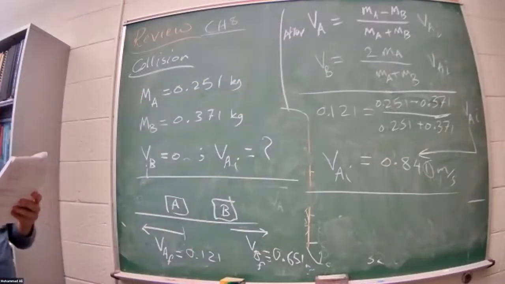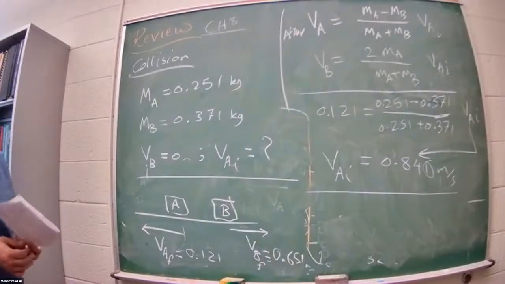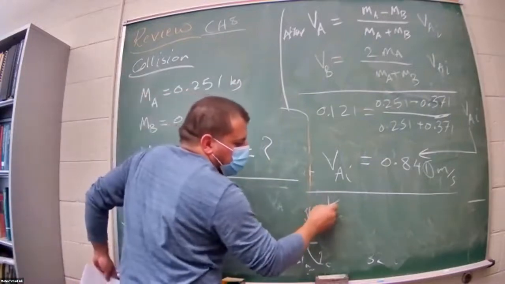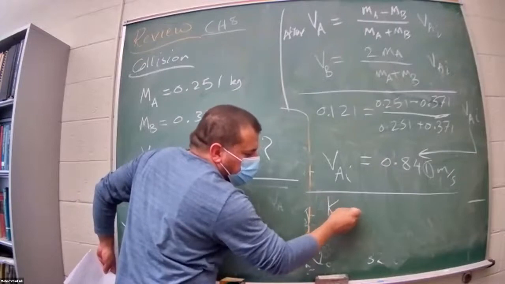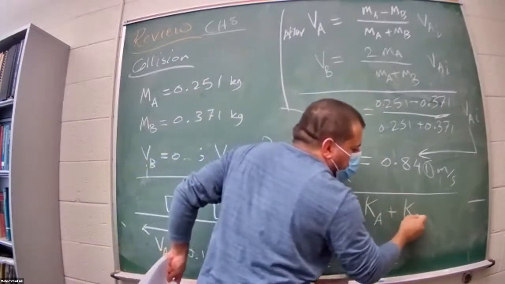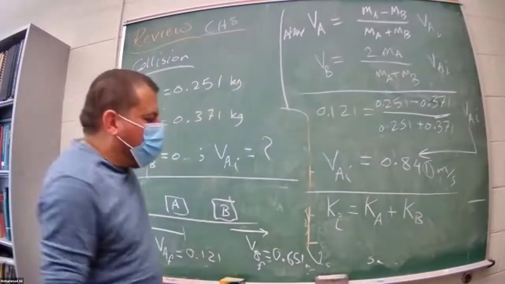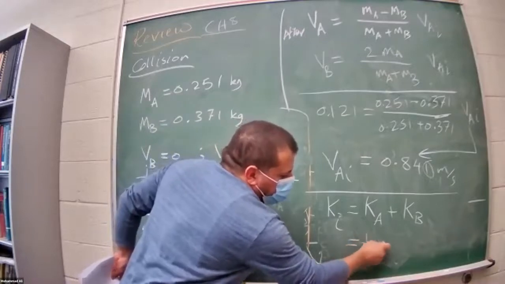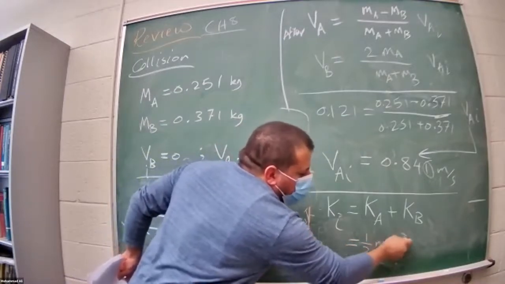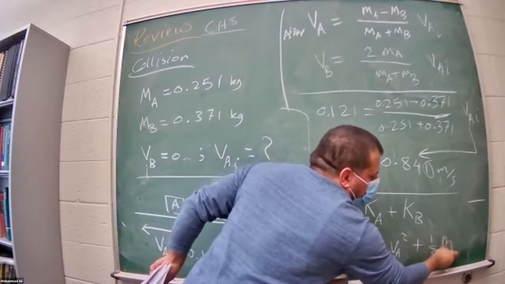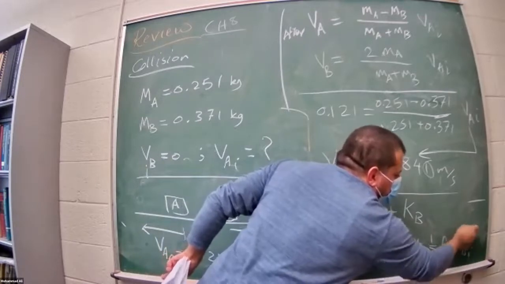Okay, what else? Calculate the change in kinetic energy. The kinetic energy initially is equal to the kinetic energy for A plus the kinetic energy for B, which is equal to half MA VA squared initially plus half MB VB initially squared.